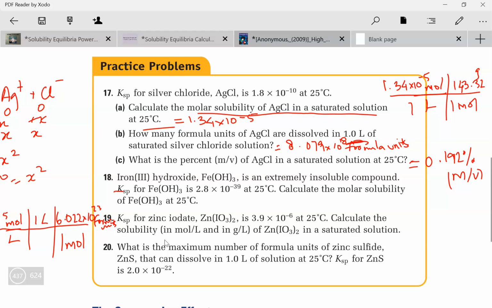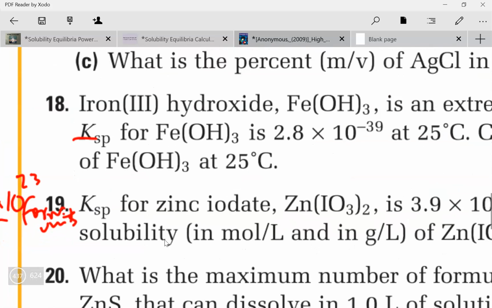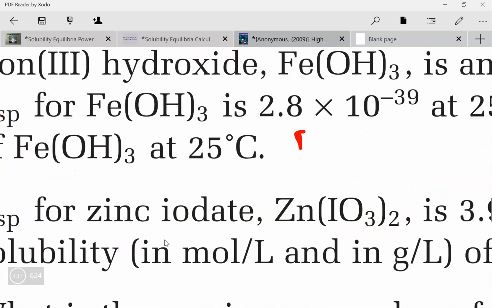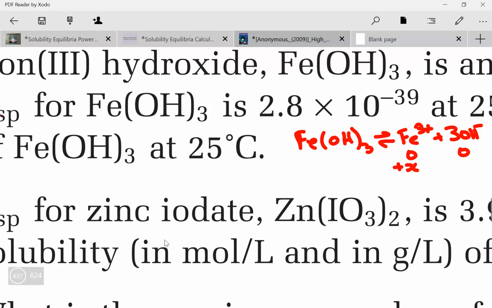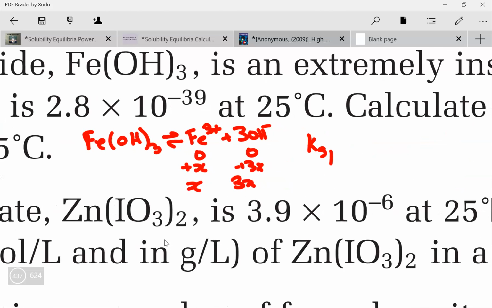Okay, so again, KSP is given, calculate molar solubility. Write our equilibrium expression: 0, 0, plus x, plus 3x. KSP equals x times 3x cubed.